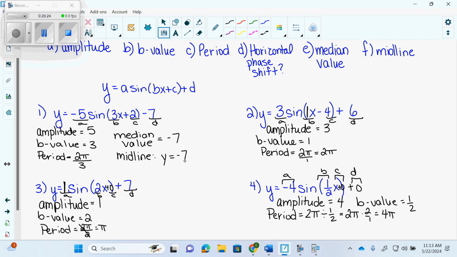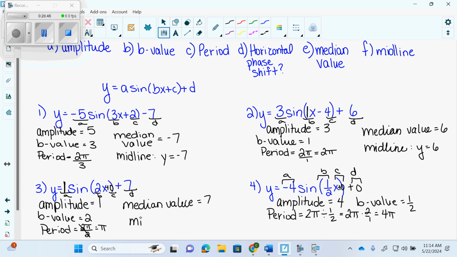The median value of this one equals 6. The midline is y equals 6. This one, the median value equals 7, and the midline is y equals 7.